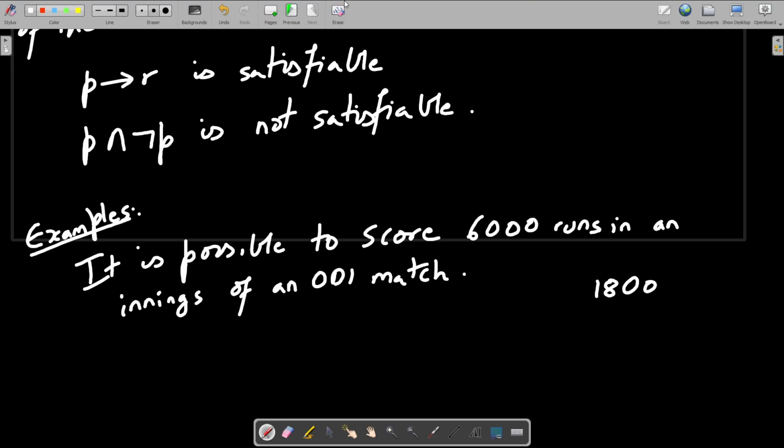If you keep on bowling no balls, how will you score runs? The bowler will get tired on the other side.